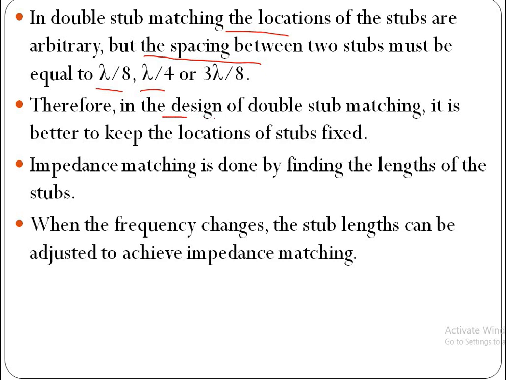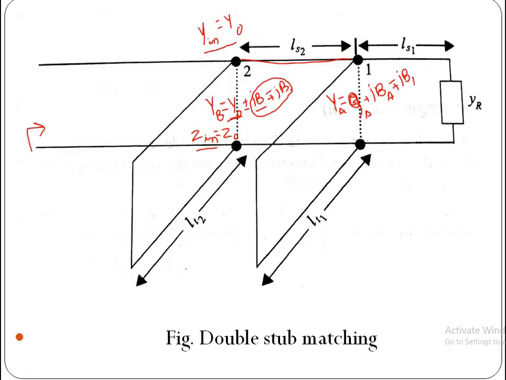Therefore, in the design of double stub matching, it is better to keep the locations of stubs fixed. Impedance matching is done by finding the lengths of the stubs LT1 and LT2. Whenever the frequency changes, stub lengths can be adjusted to achieve impedance matching. Simply by changing LT1 and LT2, we can achieve impedance matching. That is the advantage of double stub matching.